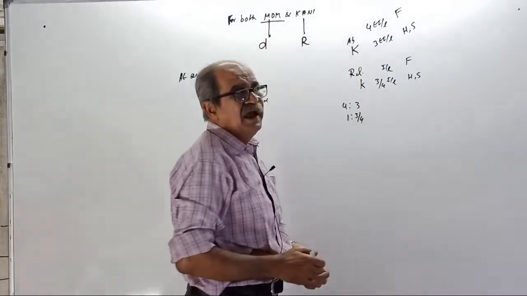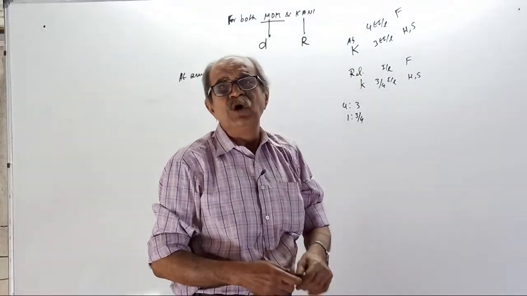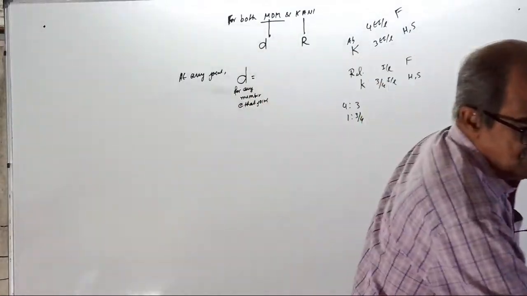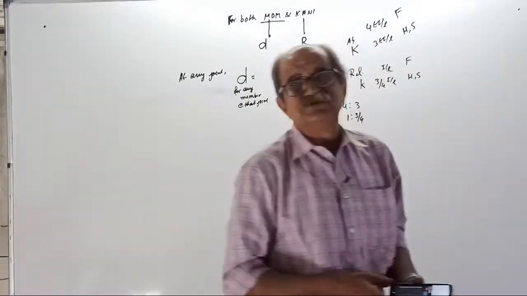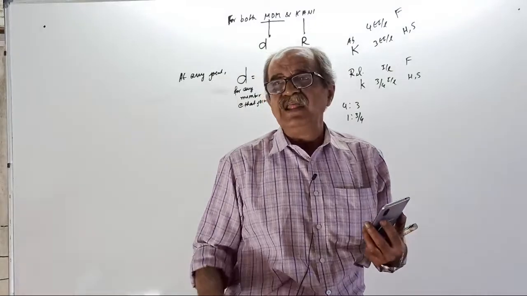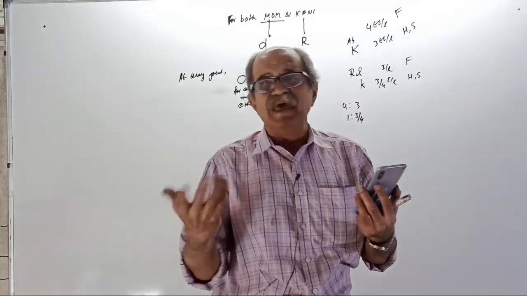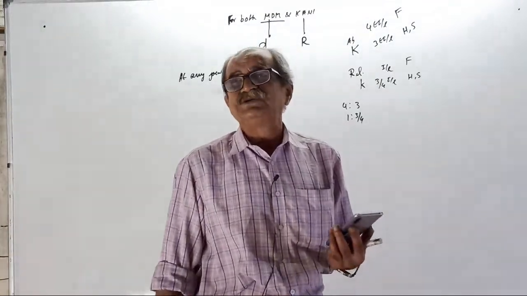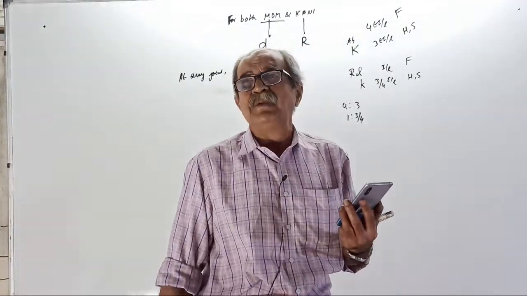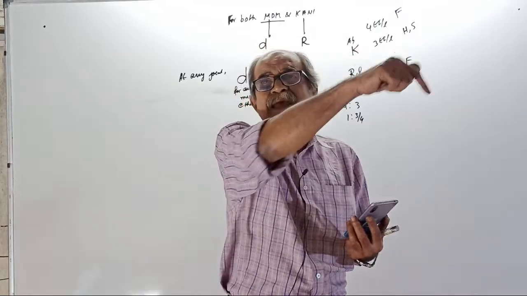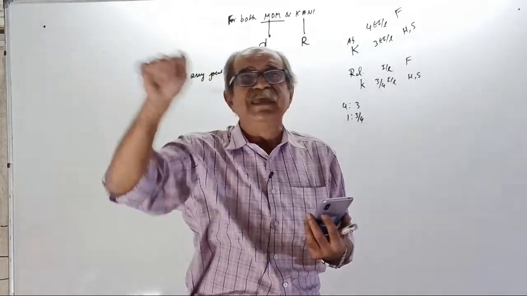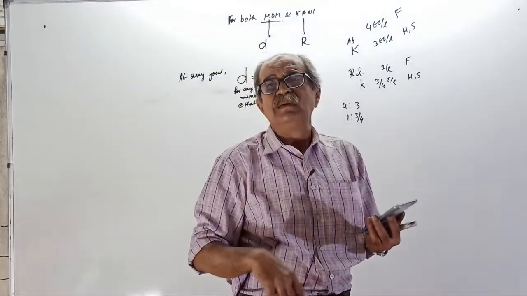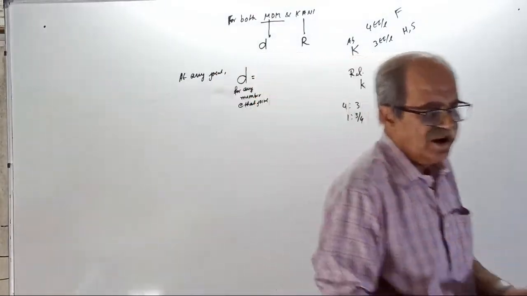Clear? Ratio is counted here, value is not counted. Therefore, whether you use absolute stiffness or relative stiffness, the factor will come the same. Some books give 4EI by L and 3EI by L; if I use I by L, the other I use 3/4 I by L. Both are the same. Okay, done.